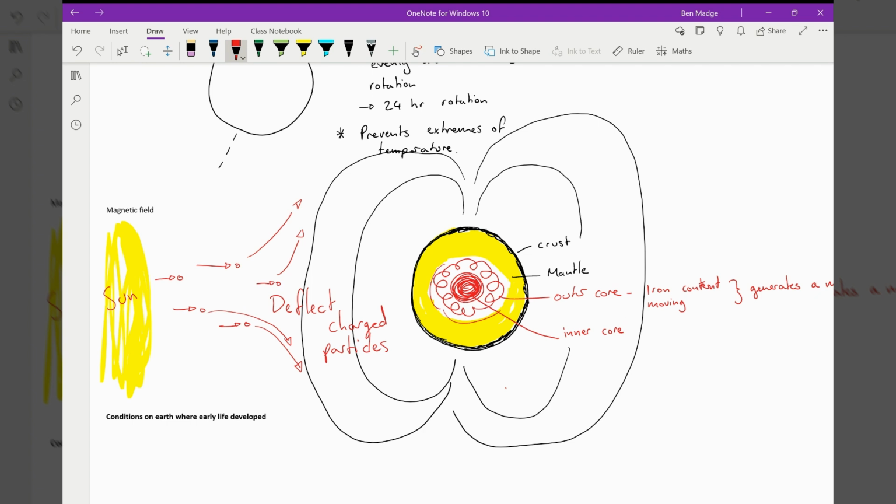And these deflected charged particles, we call part of the solar wind. These charged particles are deflected, and that prevents them causing damage to living things and their DNA on the Earth's surface.